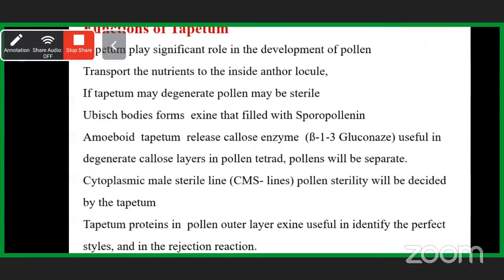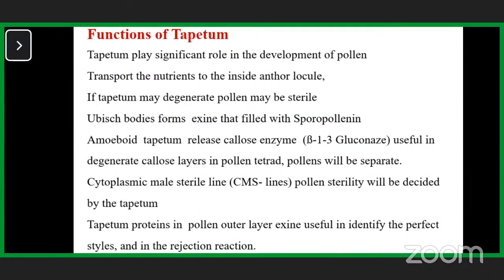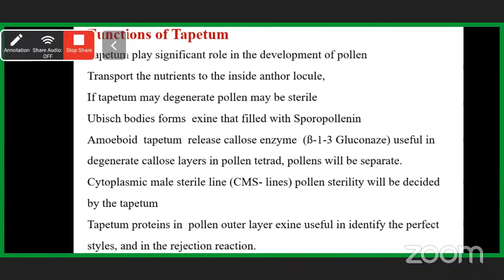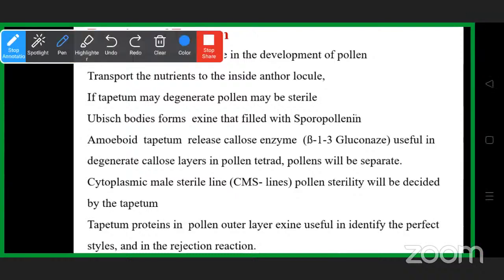Okay, these are the functions I already told you. Functions of the tapetum: it will be useful for the development of pollen, and also for the transportation, and also for the maturity, and also Ubisch bodies I told you form for the synthesis of the sporopollenin. Tapetum will degenerate if the pollen will be sterile only.